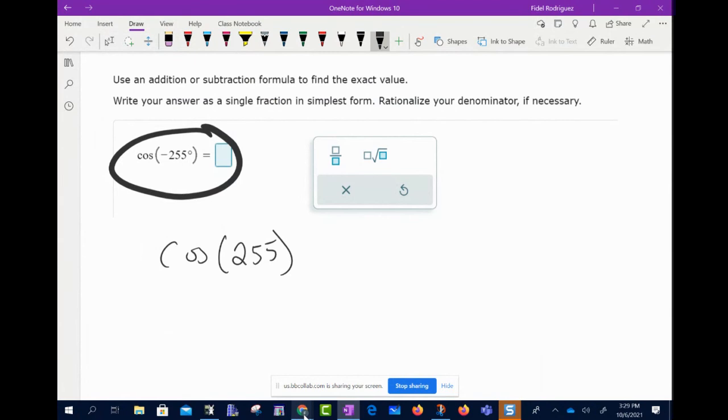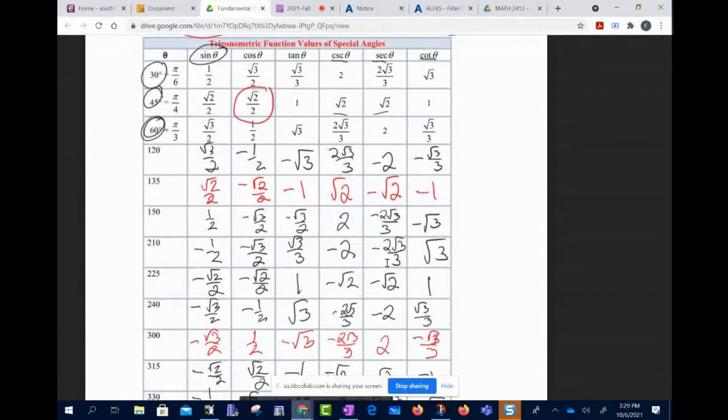So if I look at my sheet here, if I'm trying to get to 255, how can I come up with 255 using these numbers here? Is there a way I could add or subtract any of these numbers and come up with 255? Very good. So y'all agree with John that we could say this is 30 plus 225?